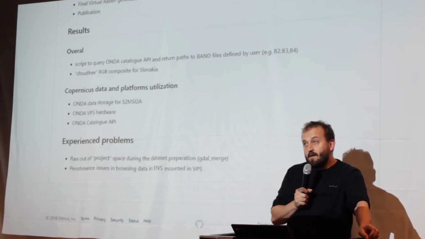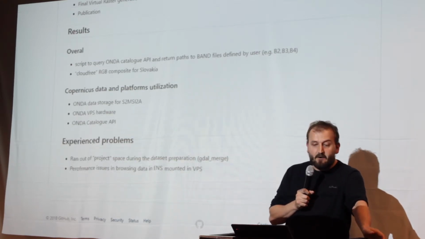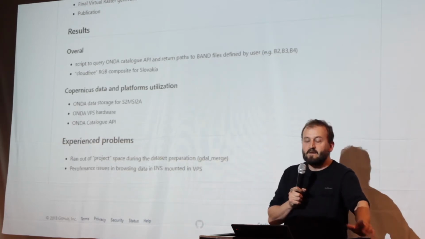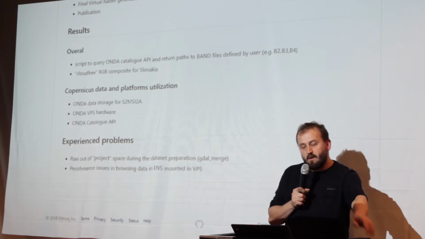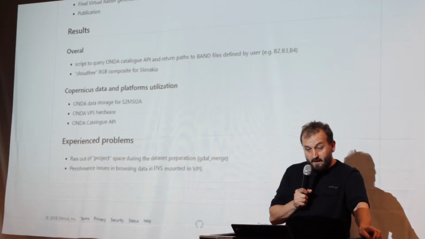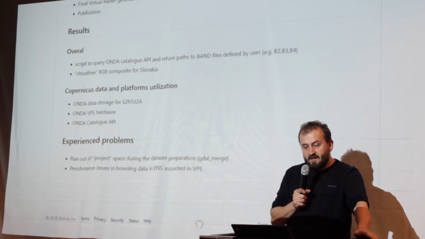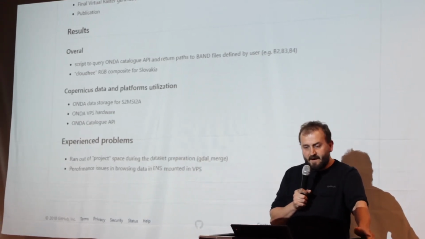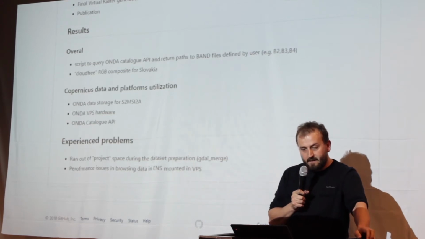The script would return to the user the list of raw data or the list of the newly produced data which have been created in a home folder for that user. We also partially created a cloud-free RGB composite, but it's probably not yet the final best product.